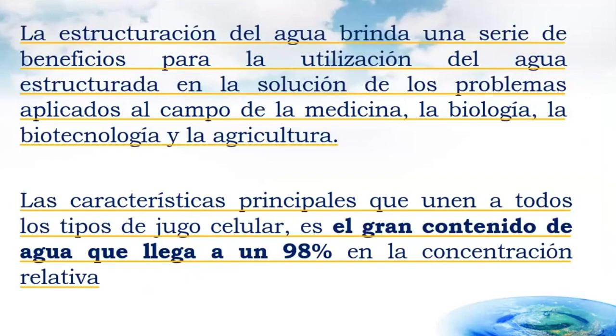Water structuring provides a series of benefits for the use of structured water in solving problems applied to the fields of medicine, biology, biotechnology, and agriculture. The main characteristics that unite all types of cellular juice are the high water content, reaching 98% in relative concentration.